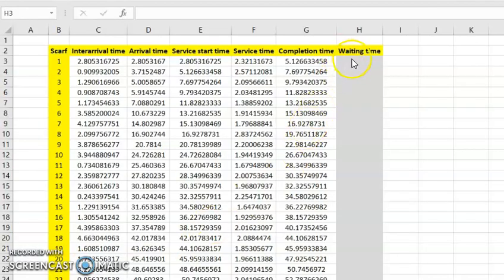Here we have the Excel time, and I'm gonna put the waiting time. Before we do the waiting time, if I ask you about the waiting time being increasing or being something fixed, what would be your answer? The correct answer is this.